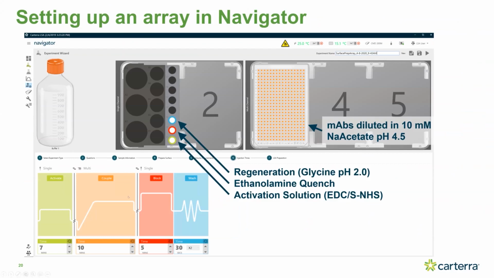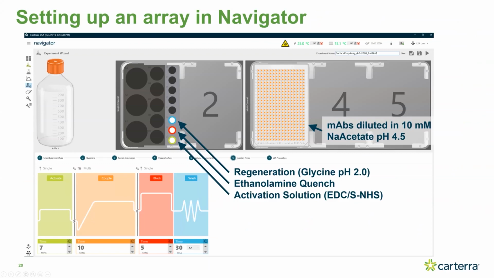It also color codes things. So you can see the ligands in this case are orange, and that coordinates to the mock sensorgram down below, where we have the injection times of the various phases. So to do this setup, you need 3 vials, 1 with the activation solution. We use EDC and sulfo-NHS mixture, and that would be this first step where we activate the chip, and then it will flow the antibodies.